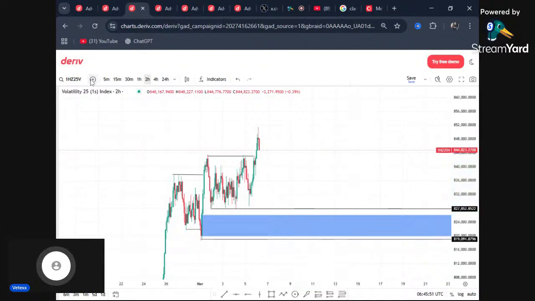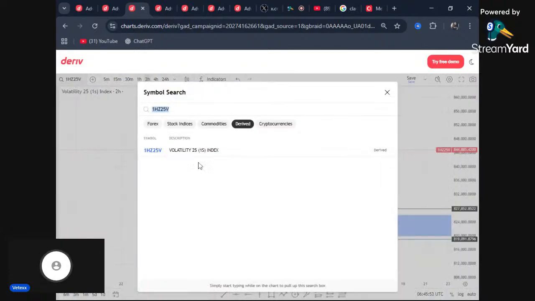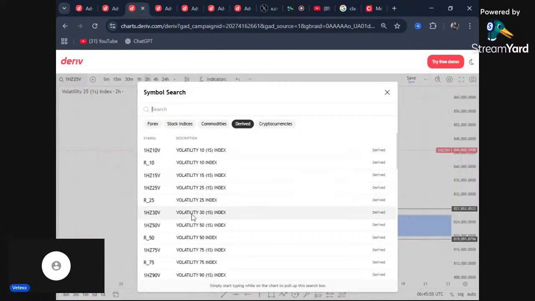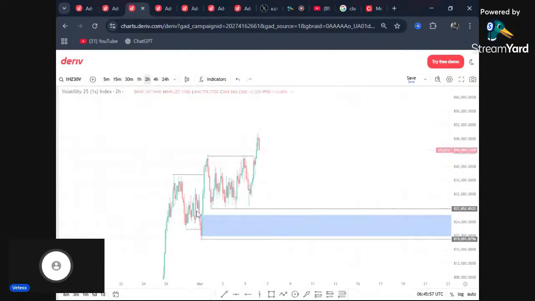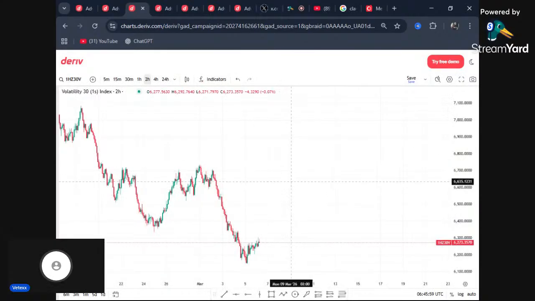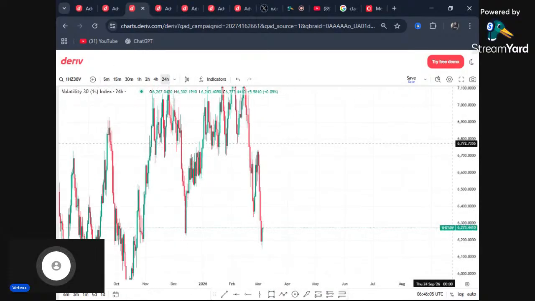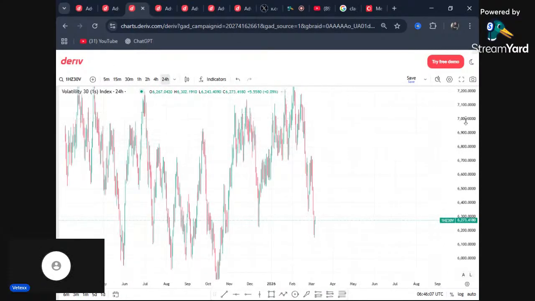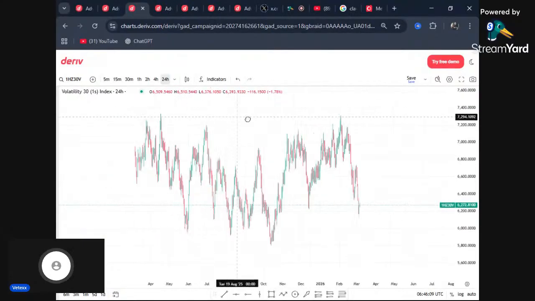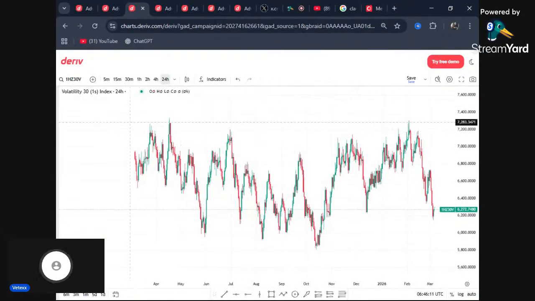So the next we are going to be checking is V31S. What do we have on V31S? Starting from the 24-hour time frame, remember V31S has been bearish for the longest. So this is what we have.